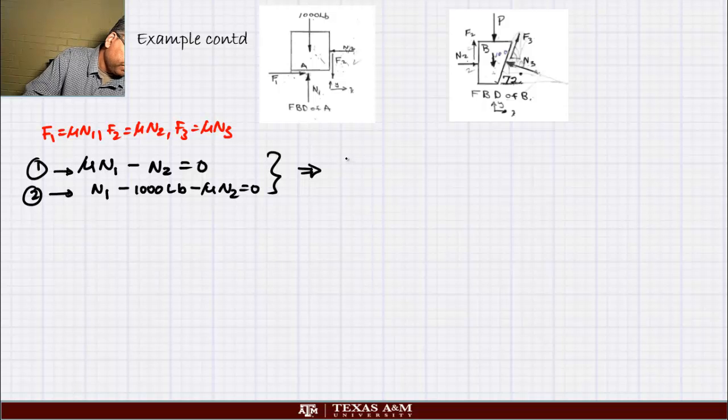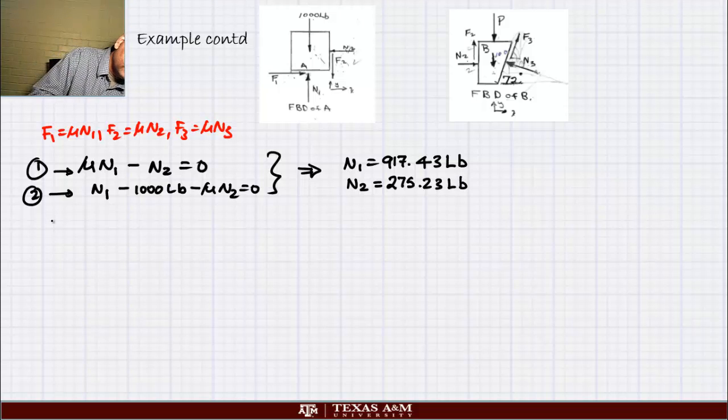Now this will give me N1 equal to 917.43 pounds, N2 equals 275.23 pounds.